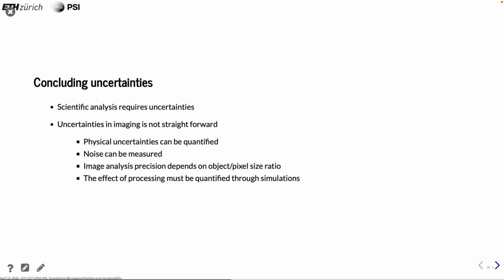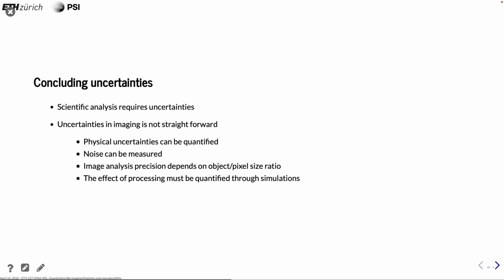We have the physical uncertainties, which we can quantify. The noise can be measured, but then the image analysis precision actually depends on object size to pixel size ratio. So it's always more difficult to measure small objects precisely than larger objects.